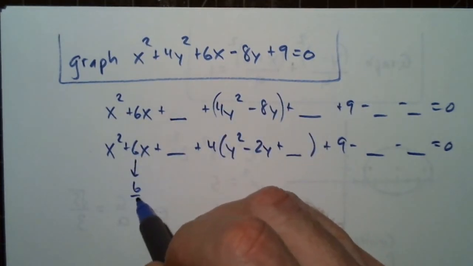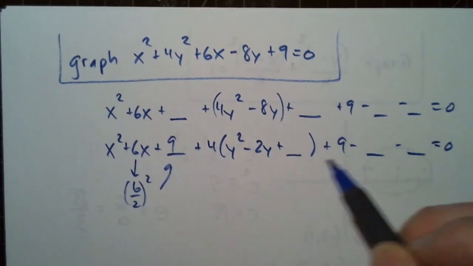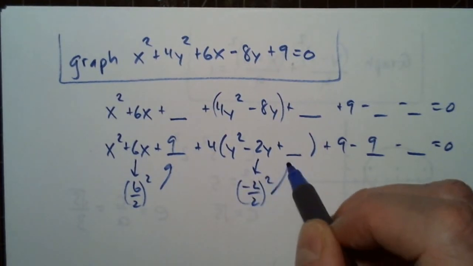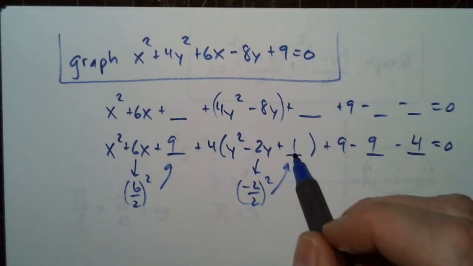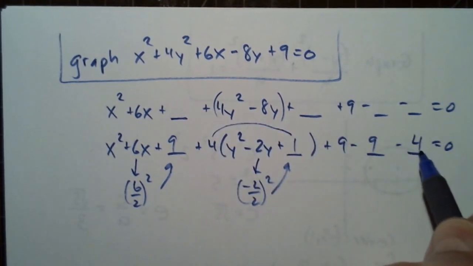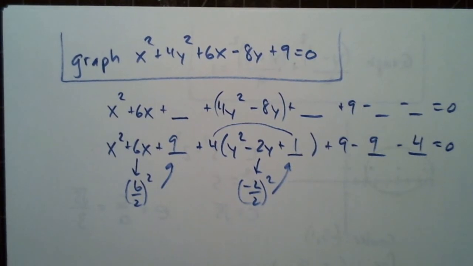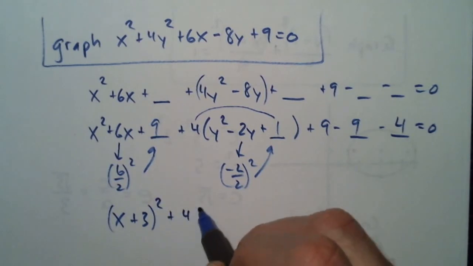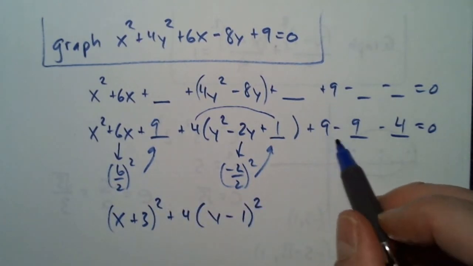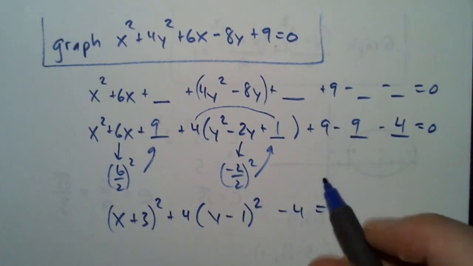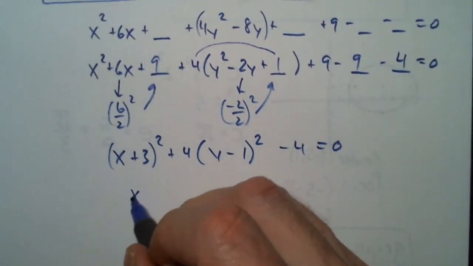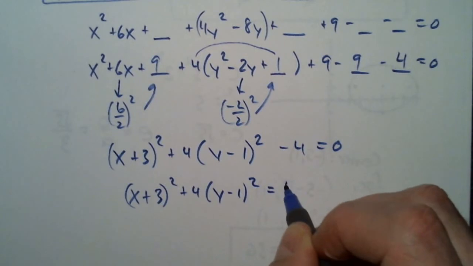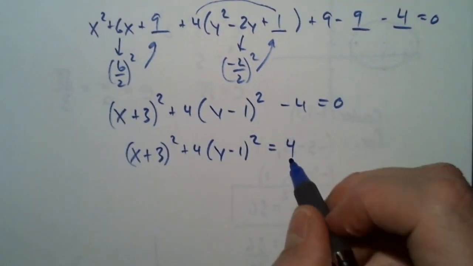Now we can do half squared, 9, 9. Half squared, 1, 4, because this has a value of 4, we have to subtract 4. Nine minus 9, and it'll just be a minus 4. Move the 4 over, and then divide by 4.